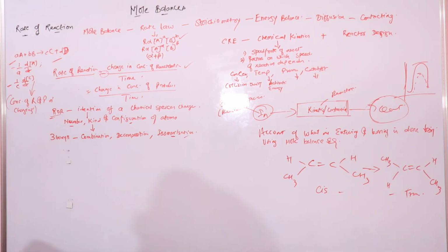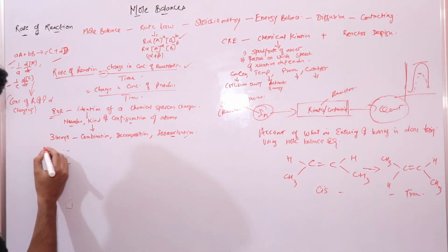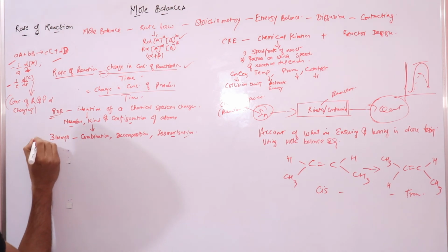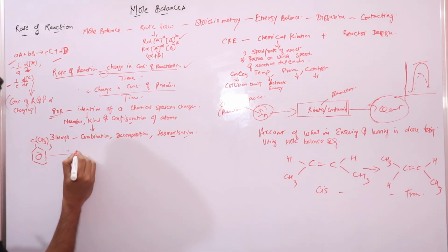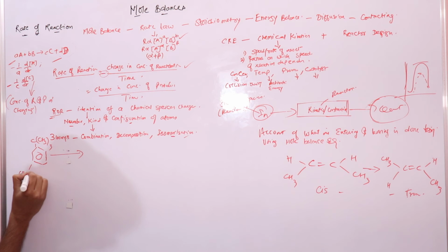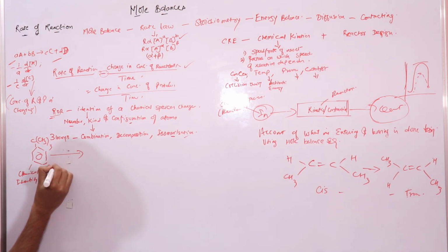Now decomposition. When we talk about decomposition, we have an example of cumene. There is a compound called cumene. This is the chemical identity of cumene.